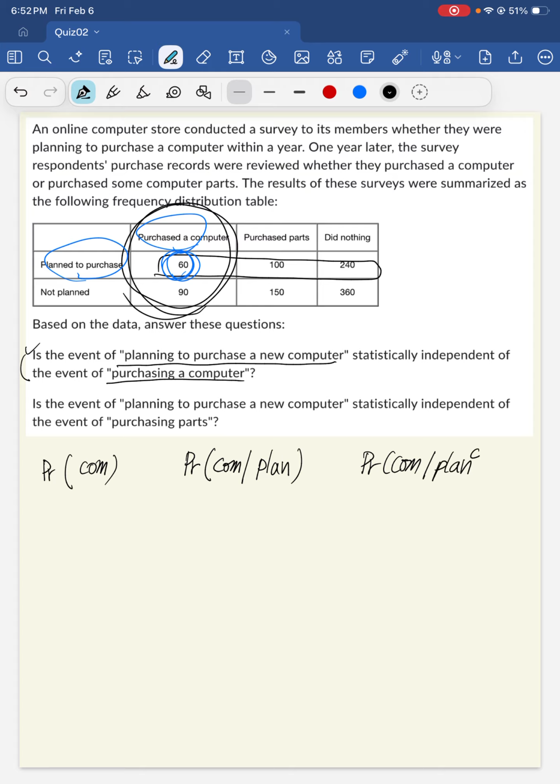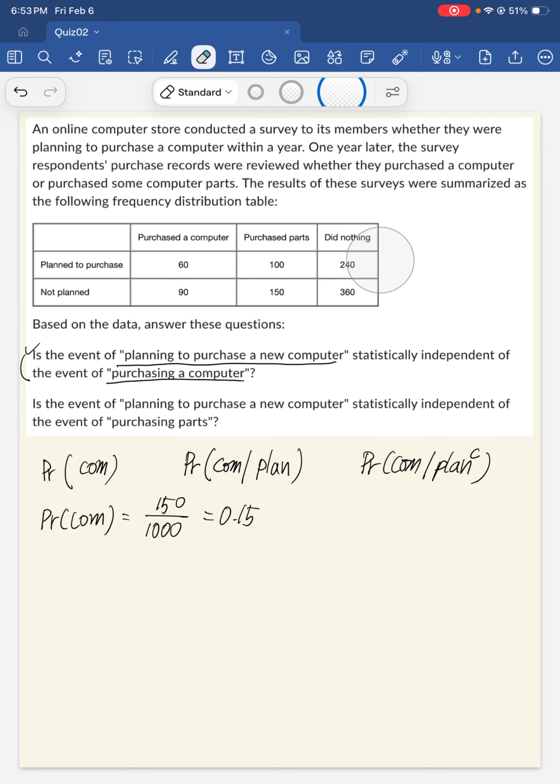Among those who did not plan to purchase a computer, how many of them actually purchased the computer, right? So we'll calculate the unconditional probability. We did it already. So 150 out of 1000, it is 0.15, right? We are calculating this area. Let me erase this too.